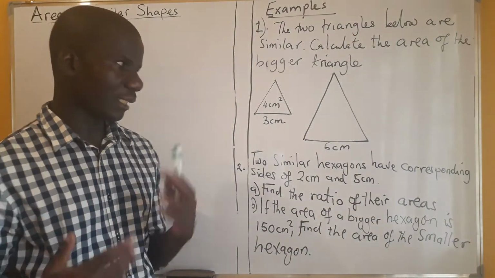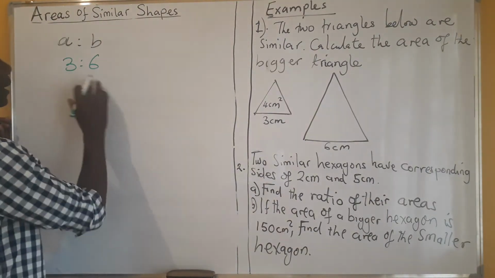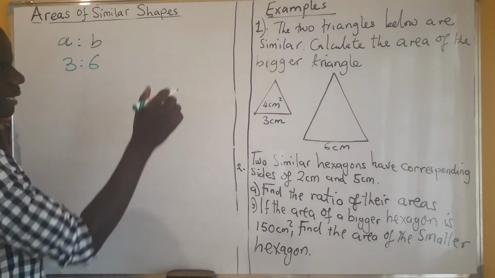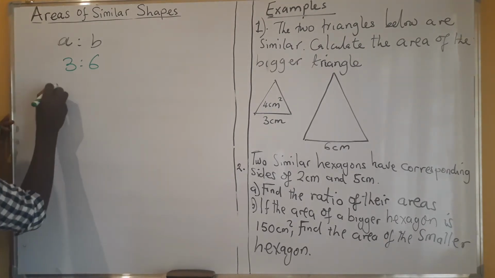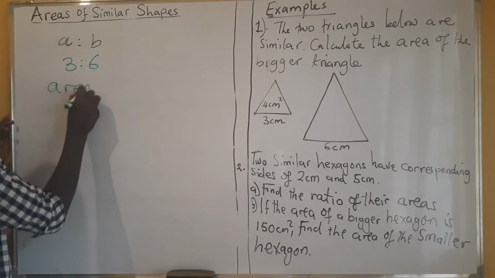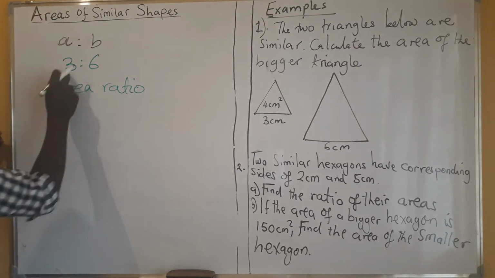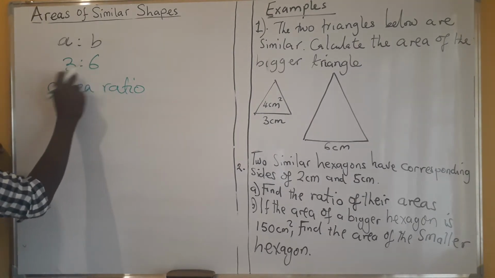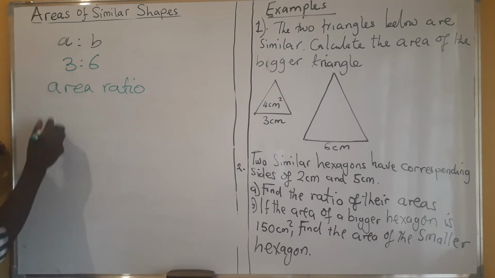That is very important, like I was explaining. So for the area ratio, these 2 have to be squared, and I'm going to write them in this form.